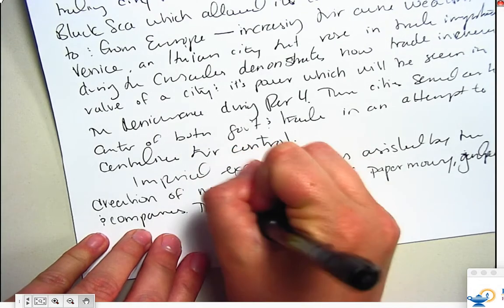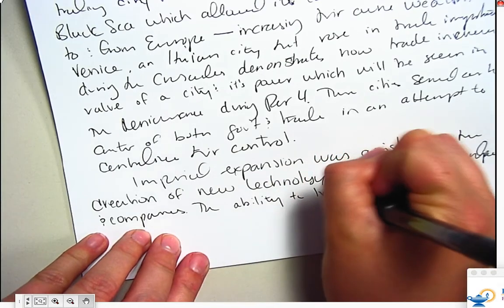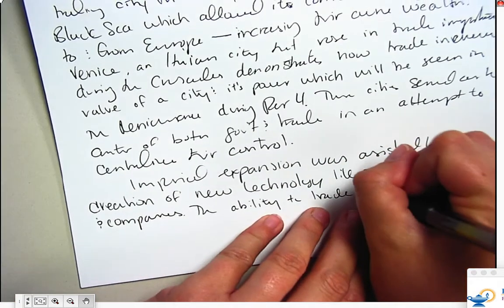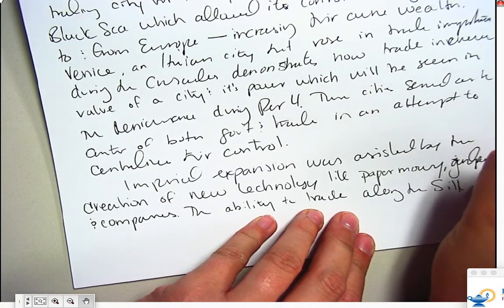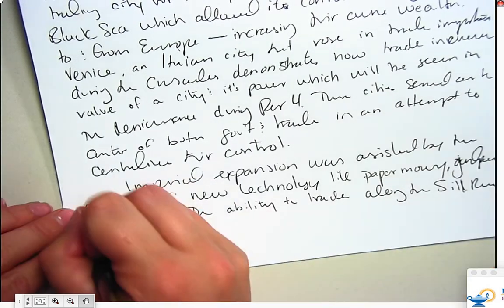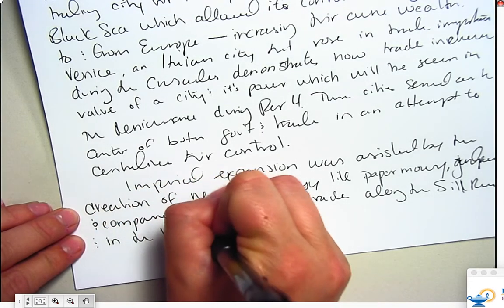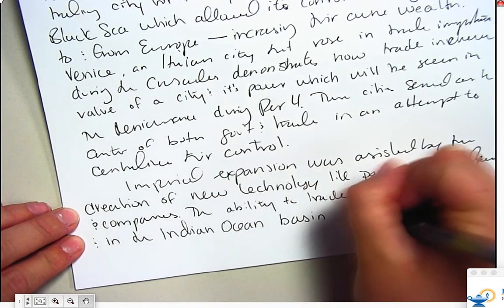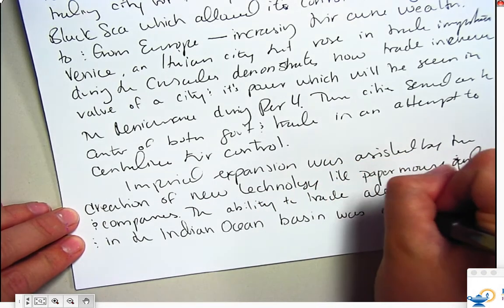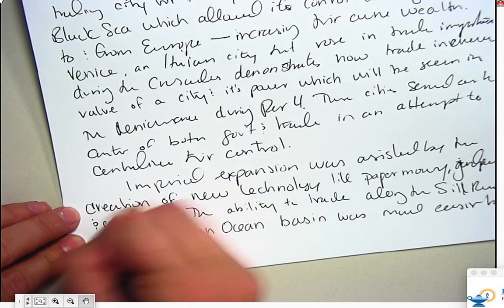The ability to trade along the Silk Road and in the Indian Ocean Basin was made easier by the magnetic compass.